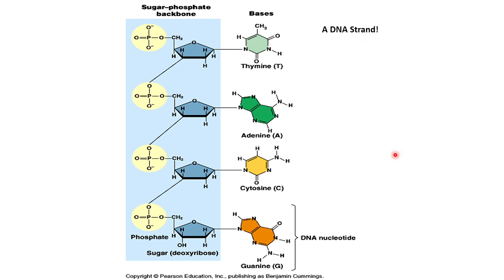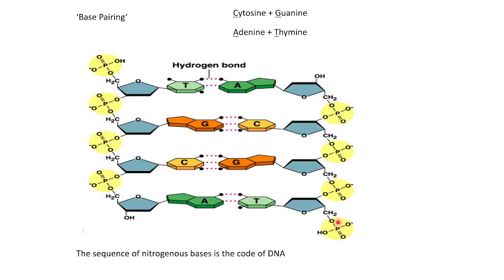And then when another strand comes, there is the formation of hydrogen bonds between the nitrogenous bases, and depending on that you get a double stranded DNA. So the double stranded DNA gives rise to another term known as base pairing.